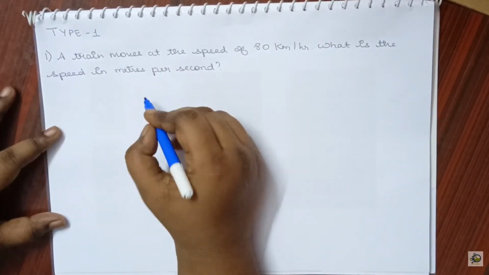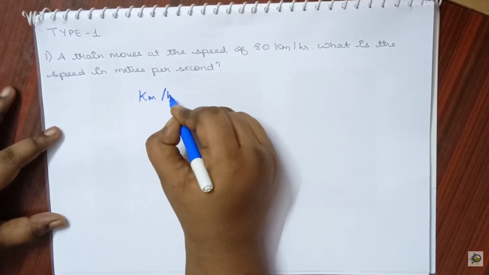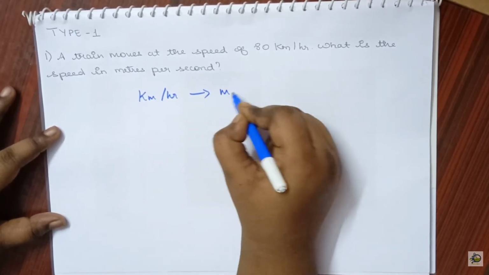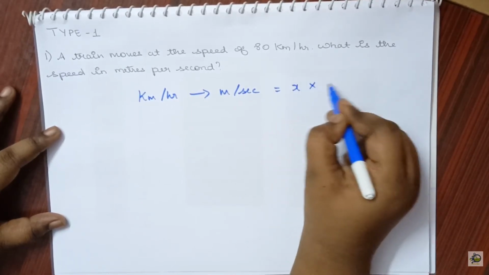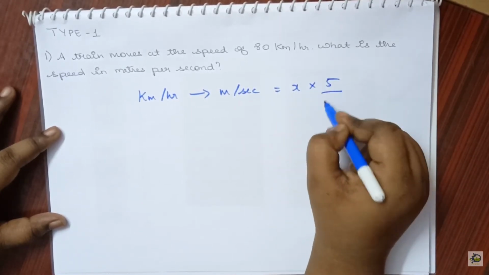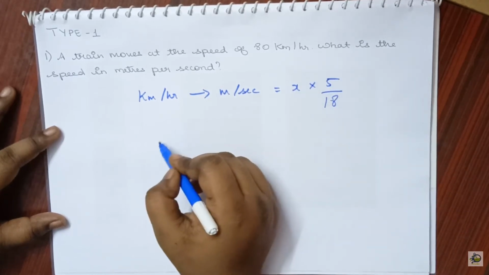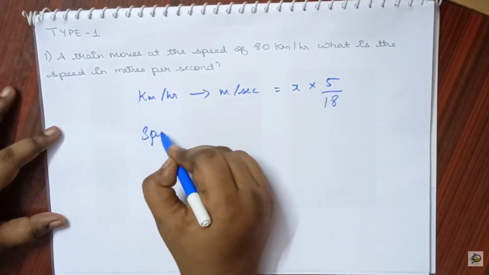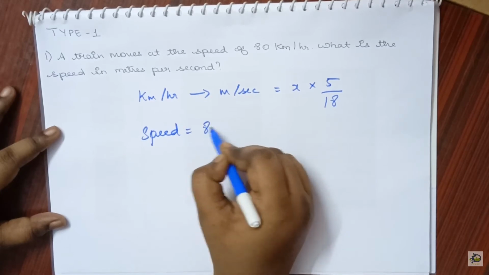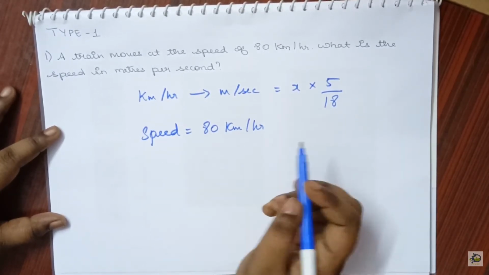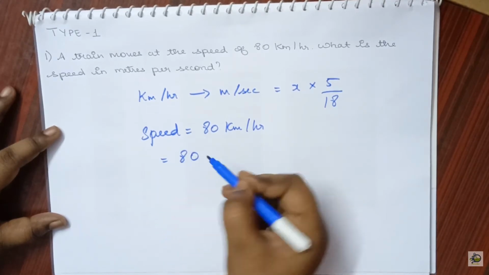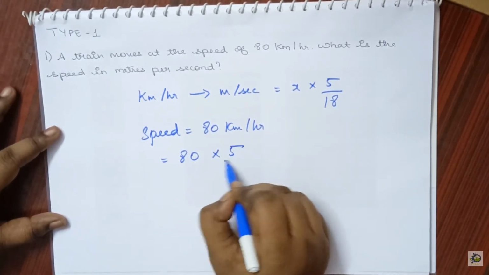We know that to convert kilometer per hour to meter per second, we have to multiply the data by 5 by 18. The data given is 80, that is speed is equal to 80 kilometer per hour.